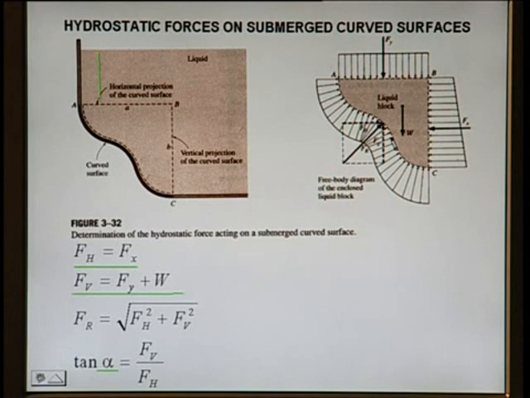So after getting the force on the plane surface, we can find the force acting in the horizontal and vertical directions on the curved surface.